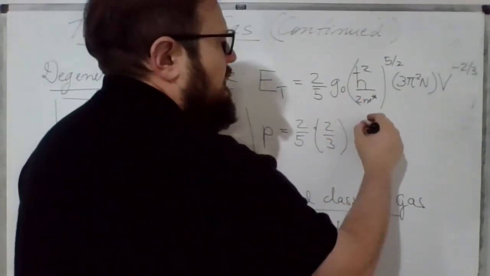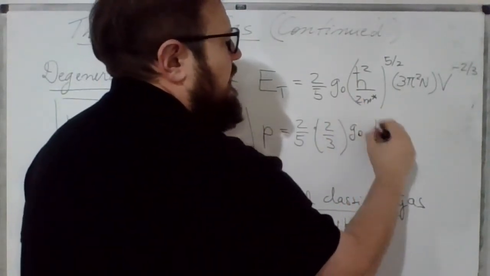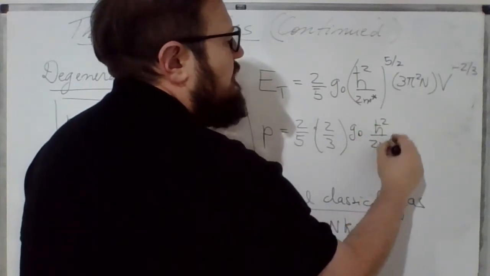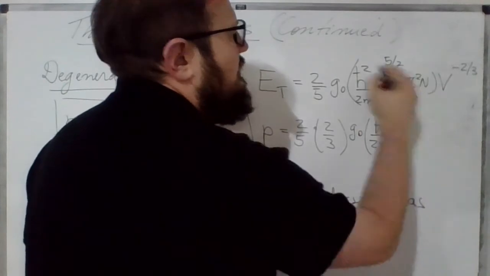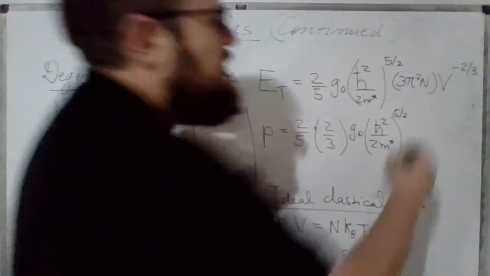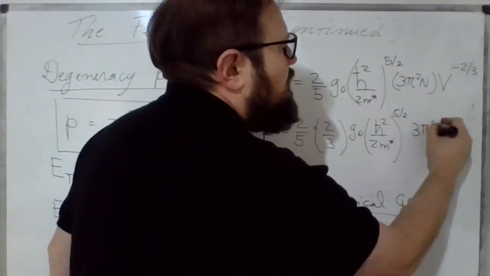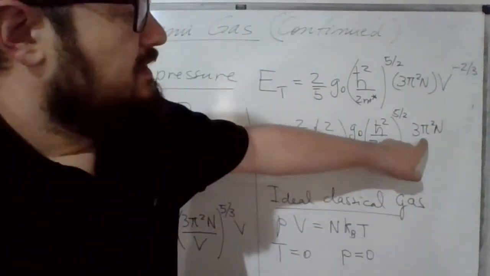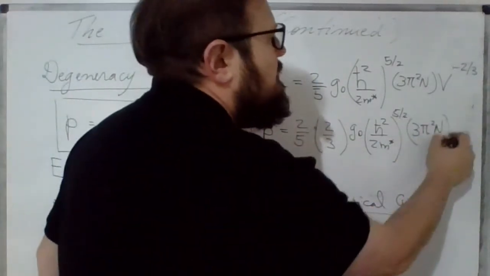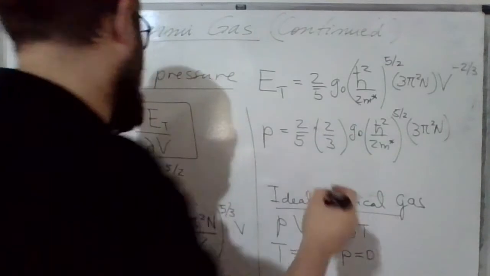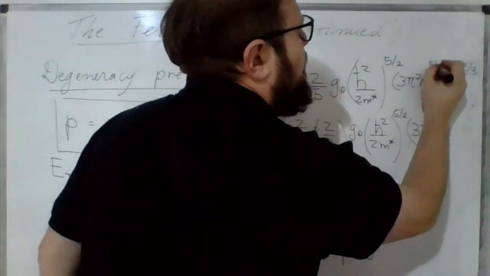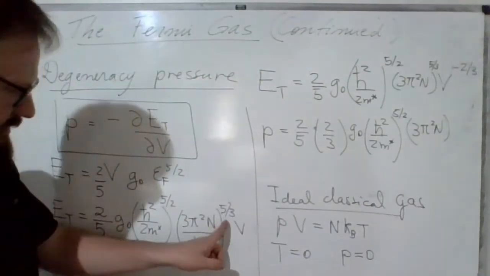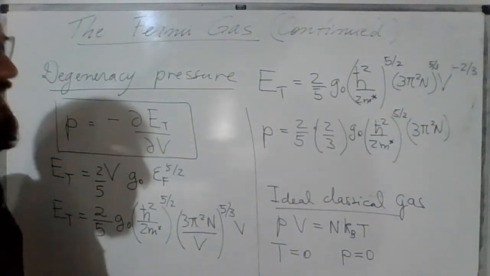Now you have G0 h bar squared divided by twice the effective mass of the electrons, 5/2 here, 3 pi squared times the total number of particles, exponentiated to 5/3. I was forgetting this fact here. So 5/3.